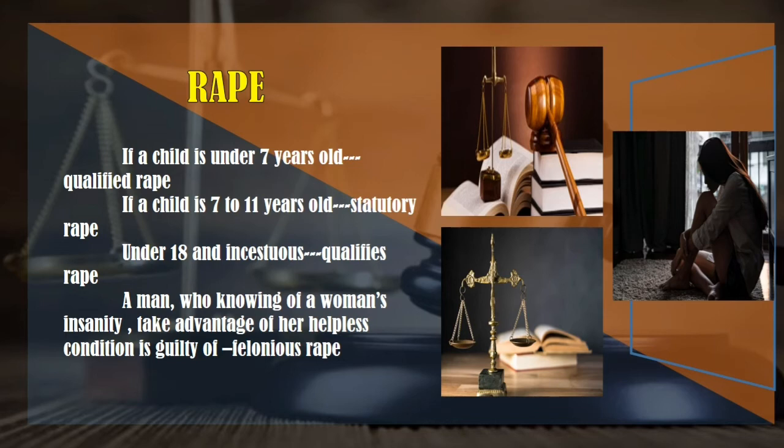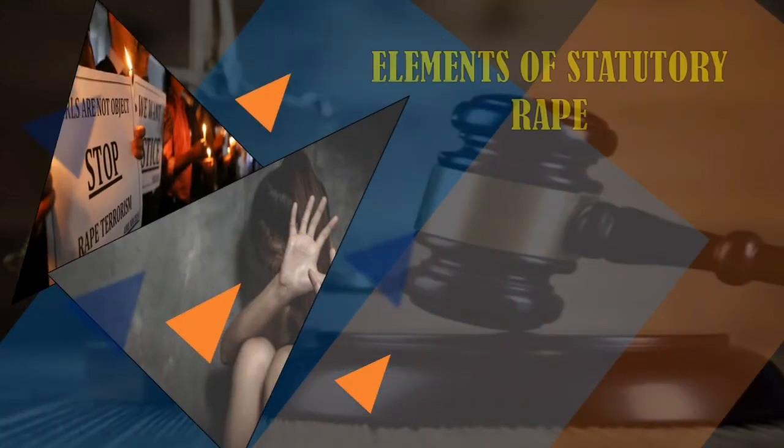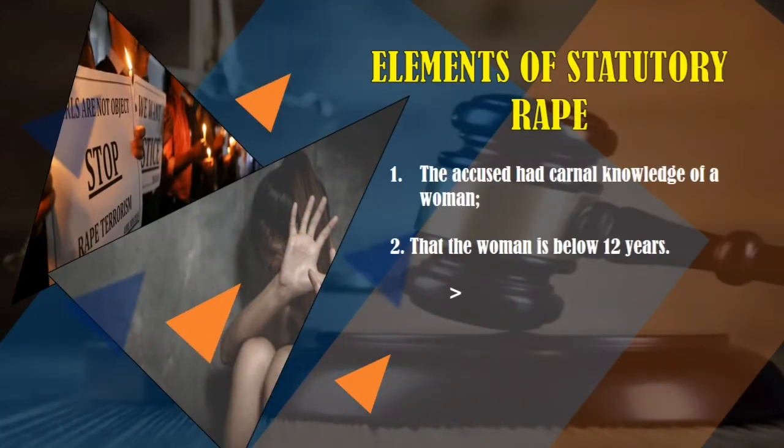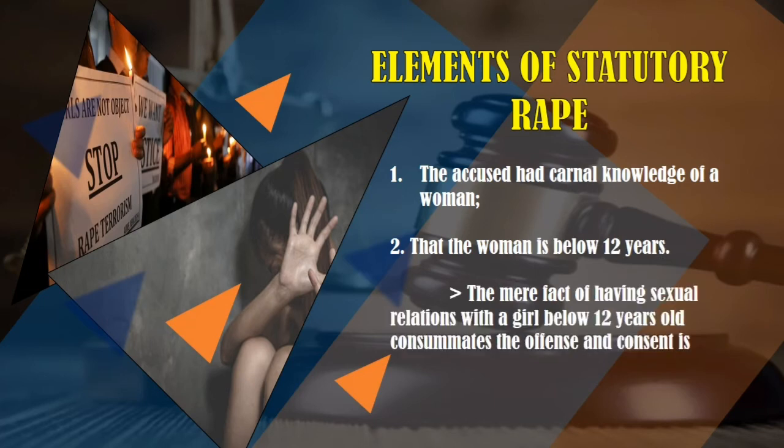So here are the elements of statutory rape, or those rapes where the victim is a child of 7 to 11 years old. One, that the accused had carnal knowledge of a woman, and two, that the woman is below 12 years old.